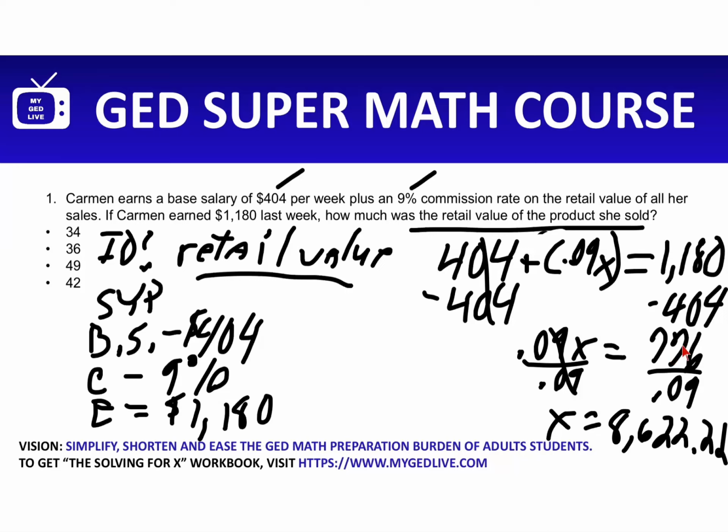We don't stop there because that's her commission, but the question is not asking simply what her commission is. The question is asking what was the retail value of the product she sold. So we know that when we take the part and divide it by the rate, 0.09, that gives us the base, or the total. And that's how we got the total retail value. Again, a few different advanced concepts at work here.